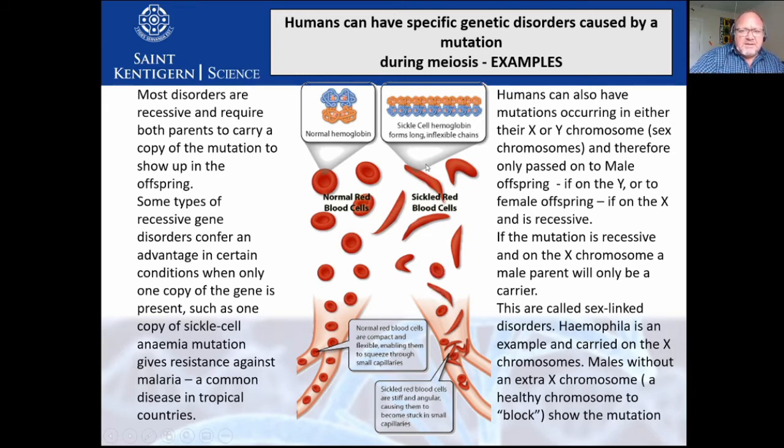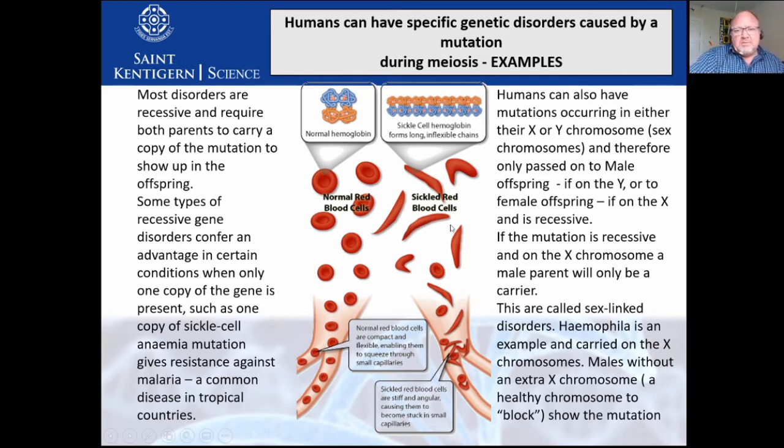The amazing thing is, even though this is a very bad disease, and especially if you are homozygous, then you usually die very young. But in Africa, where you have a lot of malaria, the people who are sickle cell heterozygotes, who have both the sickle cell and the normal, are more resistant naturally to malaria.